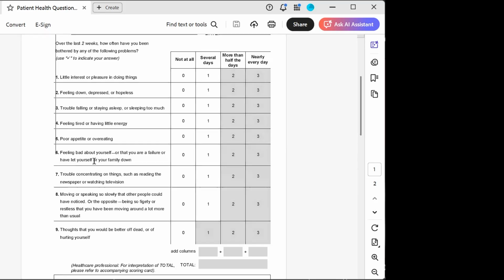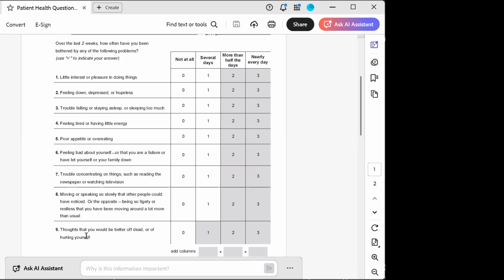Likewise: feeling bad about yourself, poor appetite, feeling tired or having little energy, trouble falling or staying asleep, feeling down or depressed, hopeless, having little interest or pleasure in doing things, and thoughts that you would be better off dead or of hurting yourself.